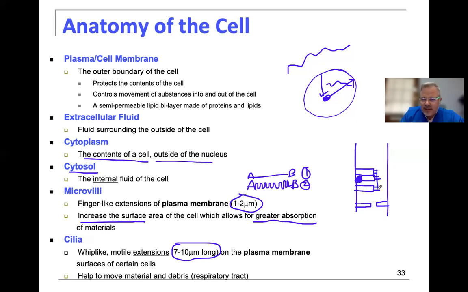The goblet cells are going to put mucus along the sticky surface on the cilia. So when you breathe in and you inhale air, if there's dust particles or debris, that debris is going to adhere and stick to the mucus that's on the cilia, but the cilia are going to be beating rhythmically upward to help get all that debris out. Okay? Smokers tend to paralyze those cilia and to break them down.